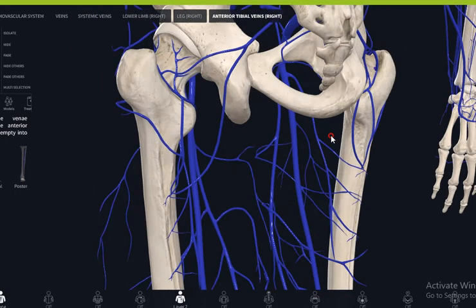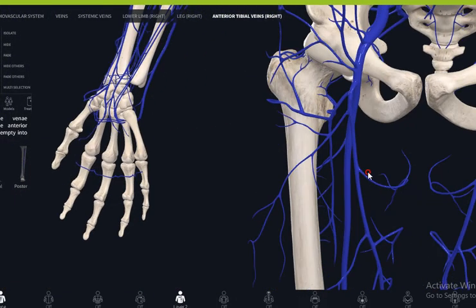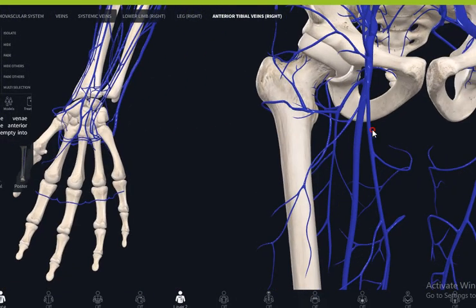The femoral and the greater saphenous veins are now going to join at the level of the saphenous hiatus. The saphenous hiatus opens somewhere at the level of the femoral triangle.